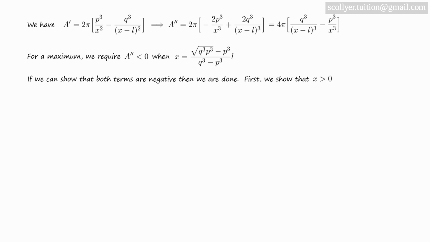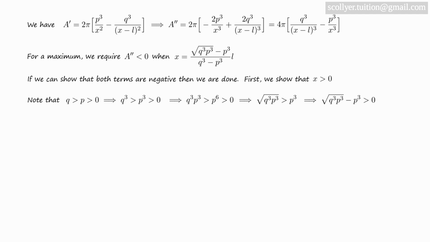First, we show that x is indeed greater than 0. So first we note that q cubed is greater than p cubed, which is greater than 0, so that q cubed p cubed is greater than p to the 6 on multiplying both sides by the positive quantity p cubed. And we take the positive square root to show that the square root of q cubed p cubed is greater than p cubed, so that the square root of q cubed p cubed minus p cubed is greater than 0.